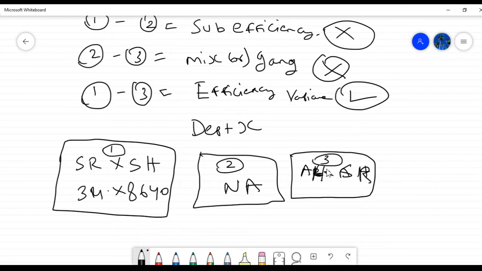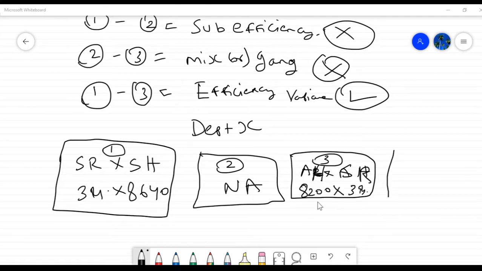Is the actual hours given in the question? Yes, it is given directly. 8,200 is given in the question. 8,200 into the standard rate of 3 rupees.